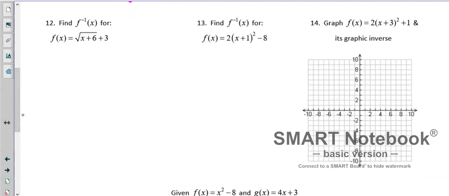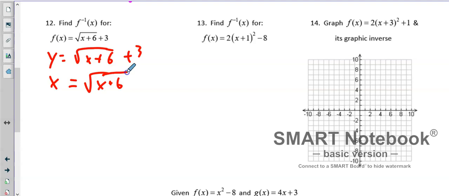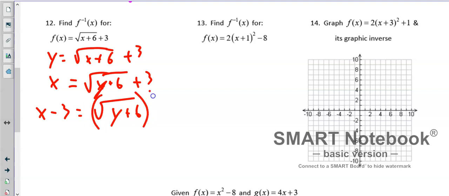All right. Find the inverse for this one. Okay, so first thing we do is we write y equals square root of x plus 6 plus 3. Then we switch x for y. And then we solve for the new y. So we're going to subtract 3. Then we need to get rid of this.